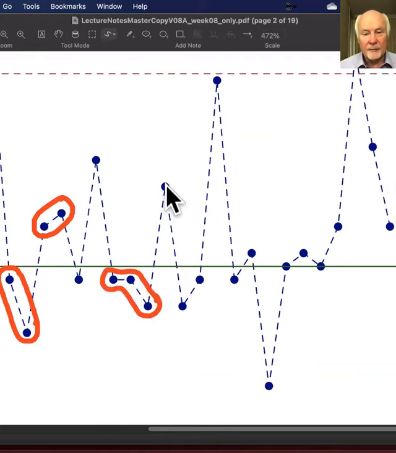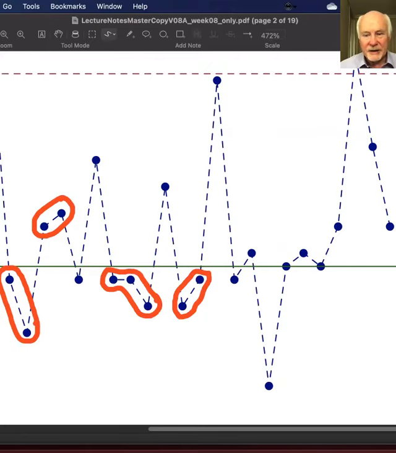Then we bounce up above the line. That's just 1 point. Then we go below the line, and again we've got a run of 2 there. Then we shoot up above the line again, just 1 point. Down below the line again, just 1 point. Above the line again, just 1 point. Below the line again, just 1 point.